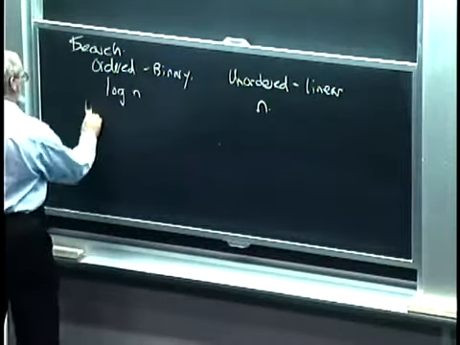Divide and conquer says basically do the following. Split the problem into several subproblems of the same type. I'll come back in a second to how binary search matches that.